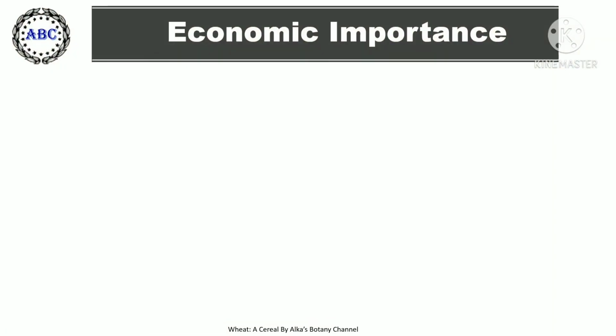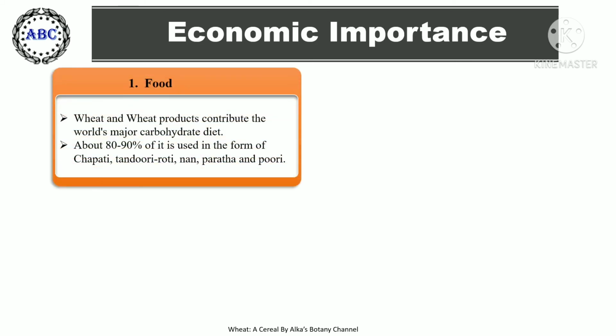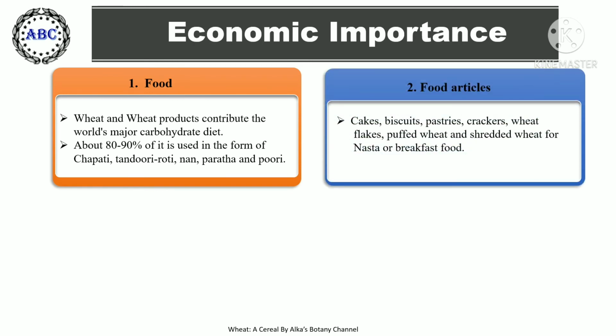And the last point, we come to the economic importance of wheat. First, it is used for food. Wheat and wheat products contribute the world's major carbohydrate diet. About 80 to 90% of it is used in the form of chapati, tandoori roti, naan, paratha and puri.